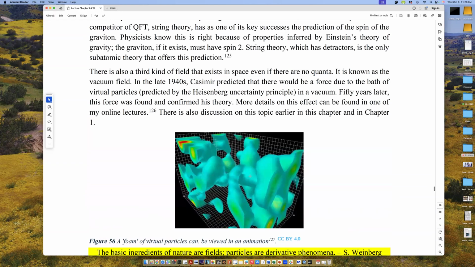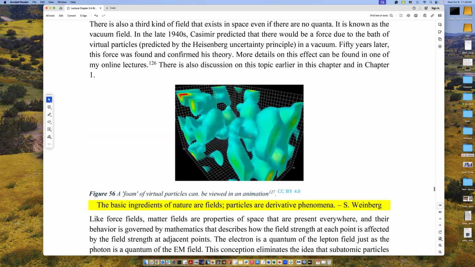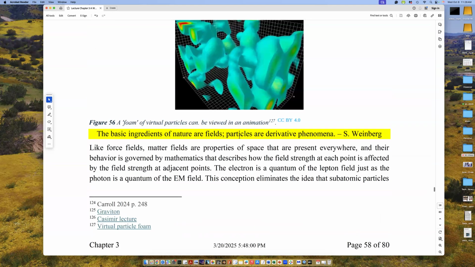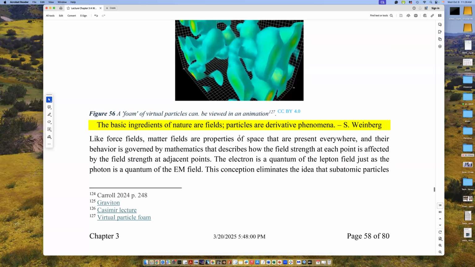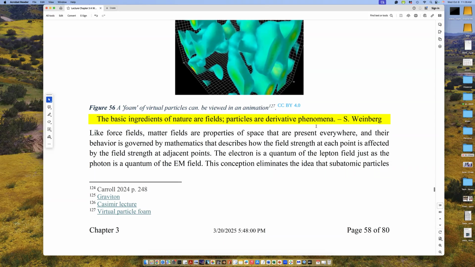There's some words here about this quantum foam. This is the virtual particle stuff that can exist and is justified by the existence of fields. Again, here is Nobel Prize winner Steven Weinberg saying, nature is fields. Particles are just a derivative phenomenon.